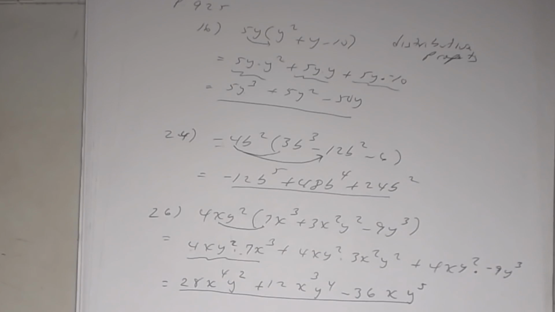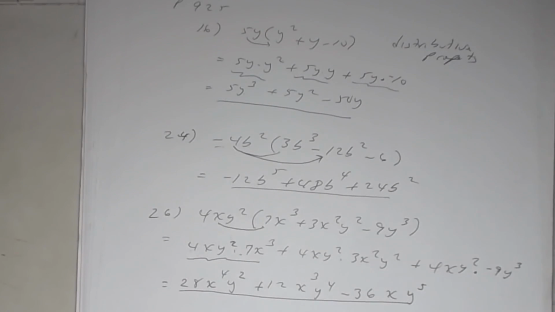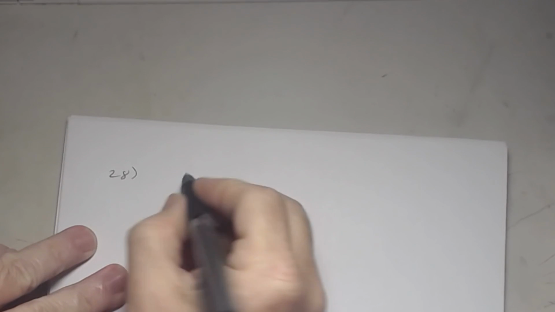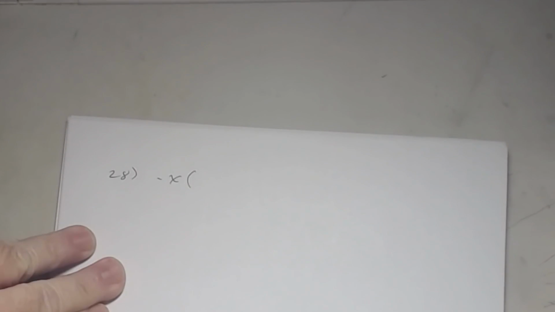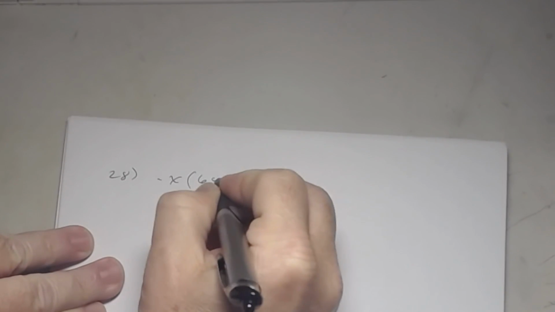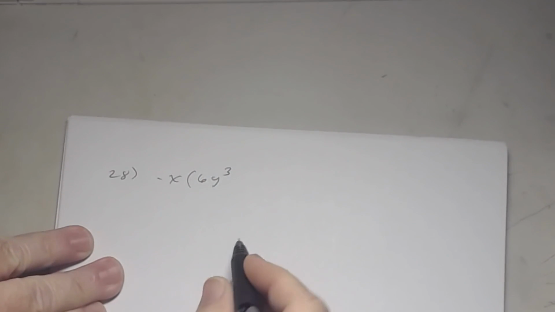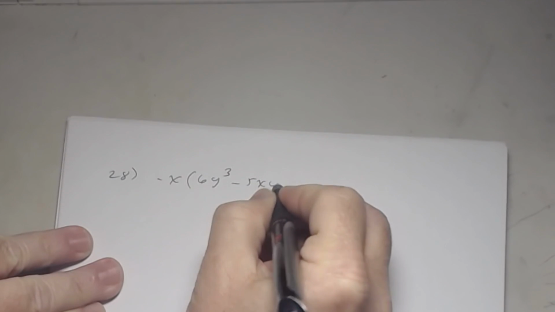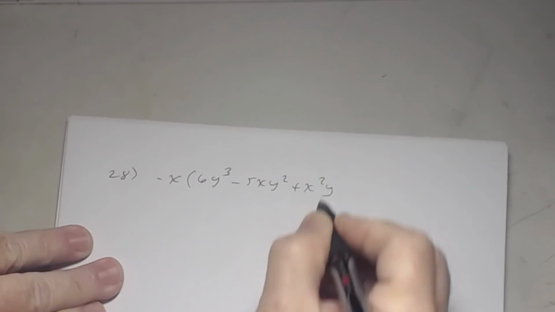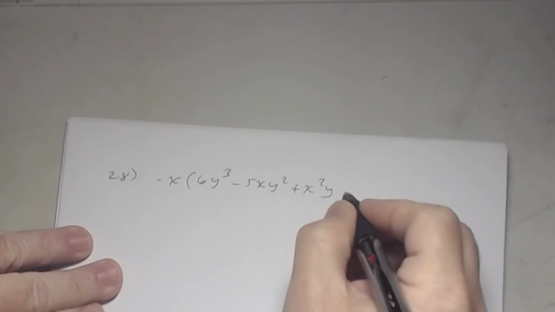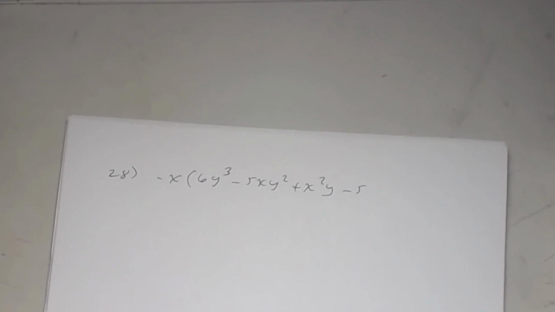All right, that was 28. On number 28, you have negative x times 6y cubed minus 5xy squared plus x squared y minus 5x cubed.